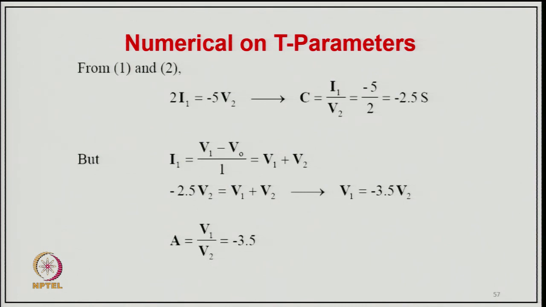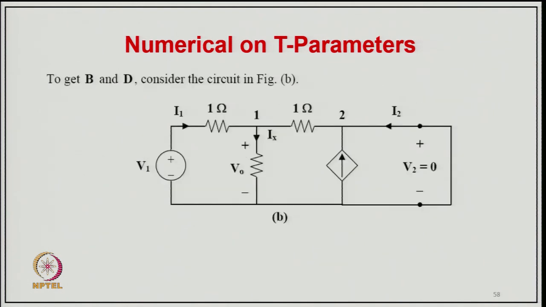Now getting the other parameter, V1 equal to I1 plus V0, which gives minus 2.5 V2 equal to V1 plus V2, or V1 equal to minus 3.5 V2, and the voltage gain A equal to V1 upon V2 equal to minus 3.5.